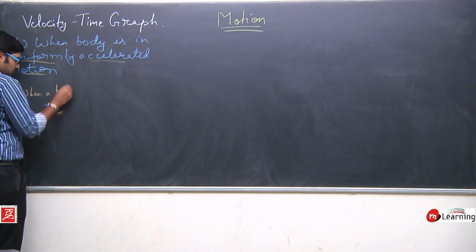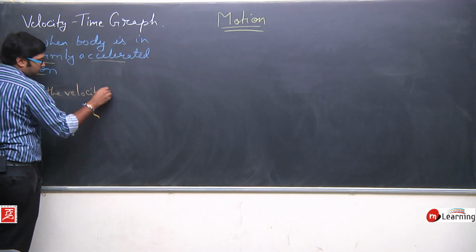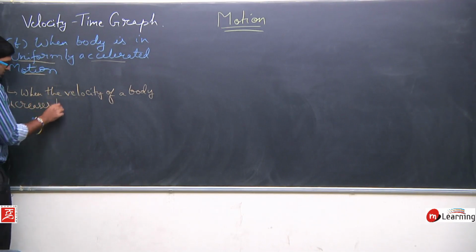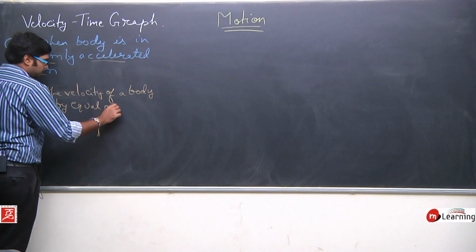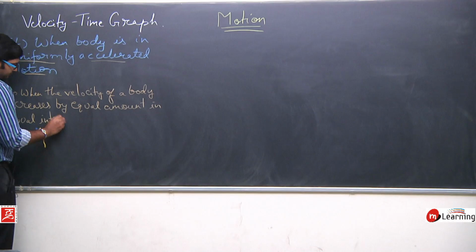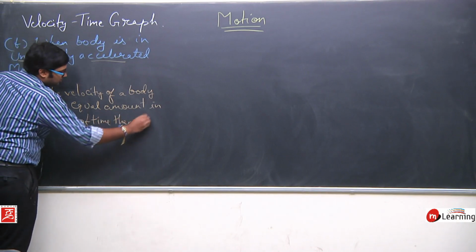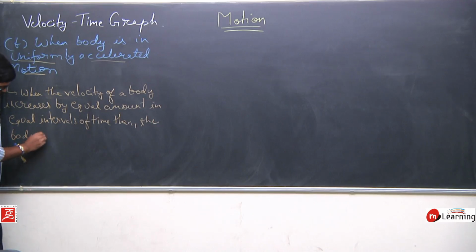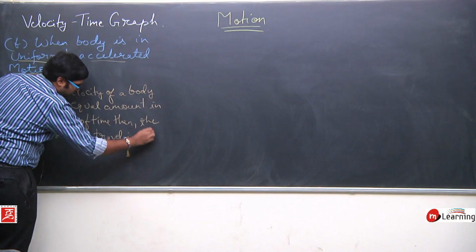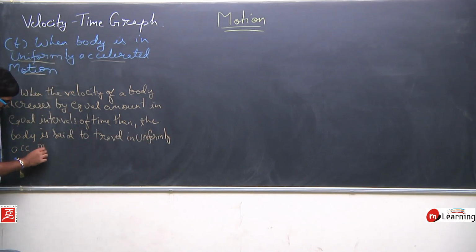When the velocity of a body increases by equal amount in equal intervals of time, then the body is said to travel in uniformly accelerated motion.